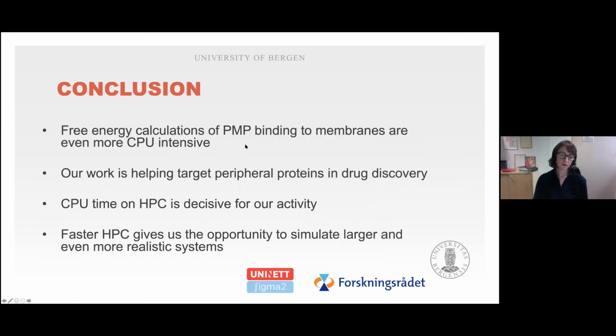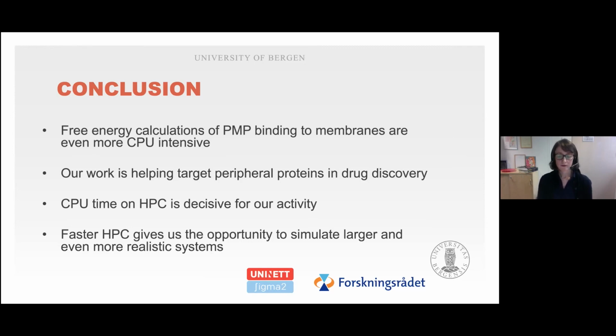So to conclude, I've mentioned we run free energy calculations as well, which are slightly more demanding simulations than the one I showed. The importance of this work is that it's helping understand better the interactions between the proteins and the lipids, and hence it will become easier to target these proteins in drug discovery campaigns.